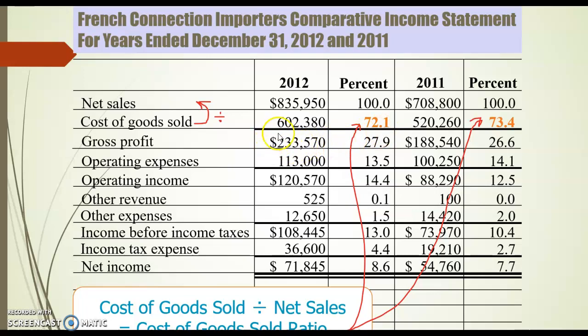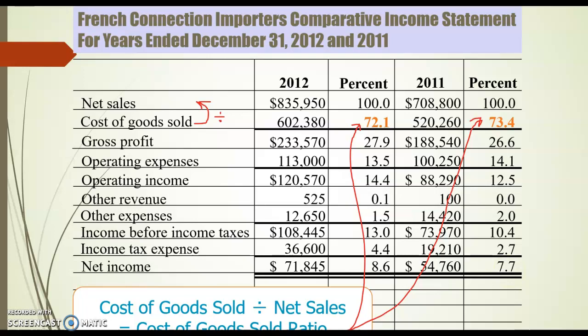If I divide gross profit by sales, that's 27.9%, all the way down to net income divided by sales is 8.6%. Then I'm going to do the same in 2011. 2011 sales divided by 2011 sales is 100%. 2011 cost of goods sold divided by 2011 sales, 73.4%. All the way down to net income divided by sales is 7.7%.